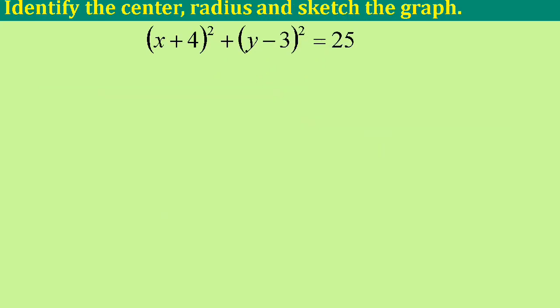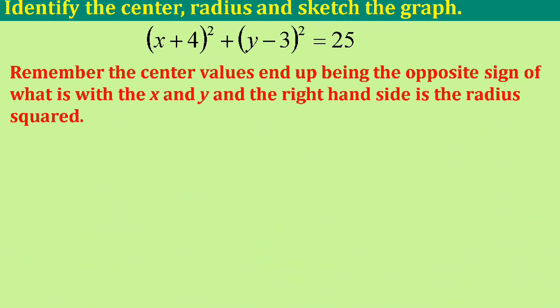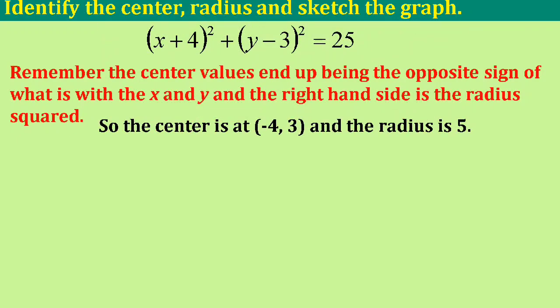For this particular problem, we're just going to identify the center, radius, and sketch the graph of this equation. So remember that the center values end up being the opposite sign of what is with x and y, and the right hand side is the radius squared. So here we have the opposite sign of 4, that is negative 4, and the opposite sign of negative 3, that is 3.